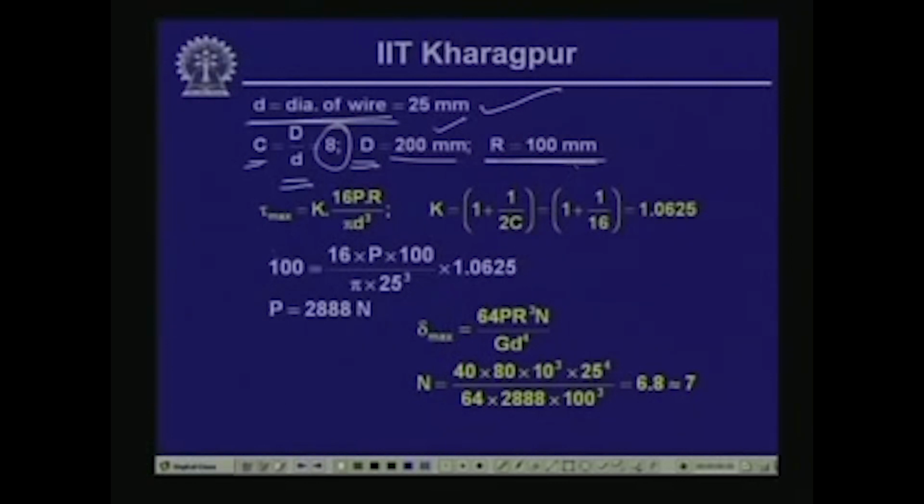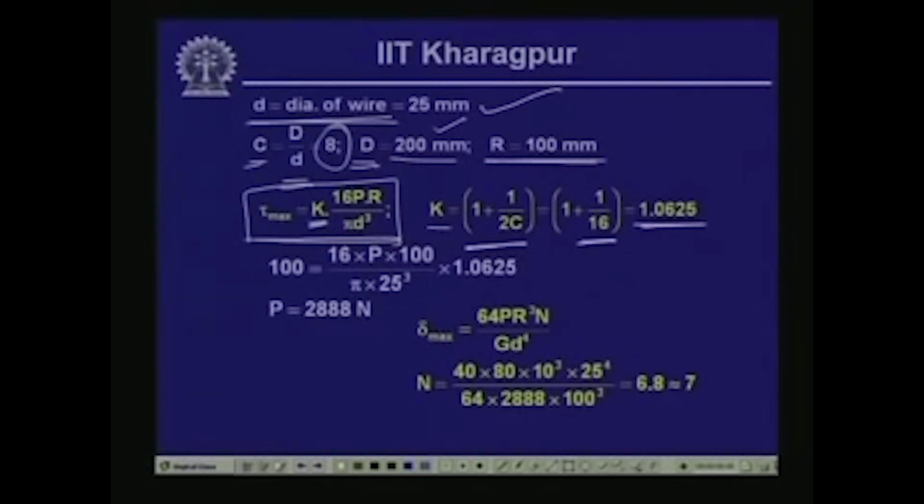From the expression of the shearing stress, as we have seen, the maximum shearing stress equals K times 16 PR by pi d cube, where K is the stress concentration factor given by the expression 1 plus 1 by 2C. C being 8, this is 1 plus 1 by 16, and this gives us a value of 1.0625.